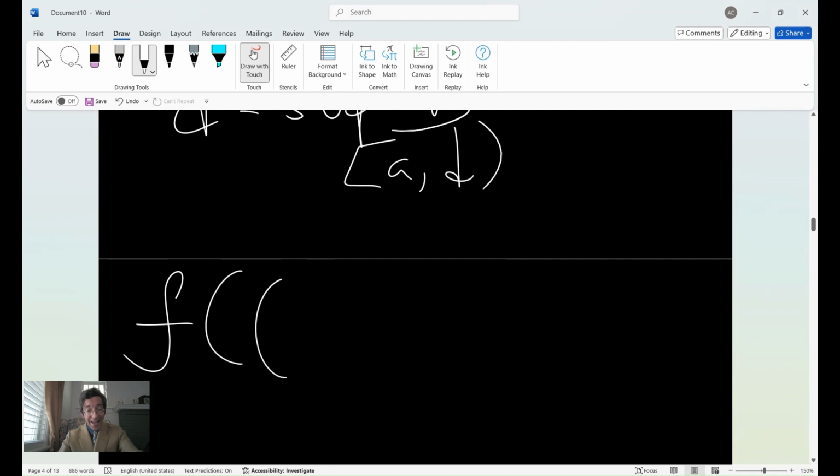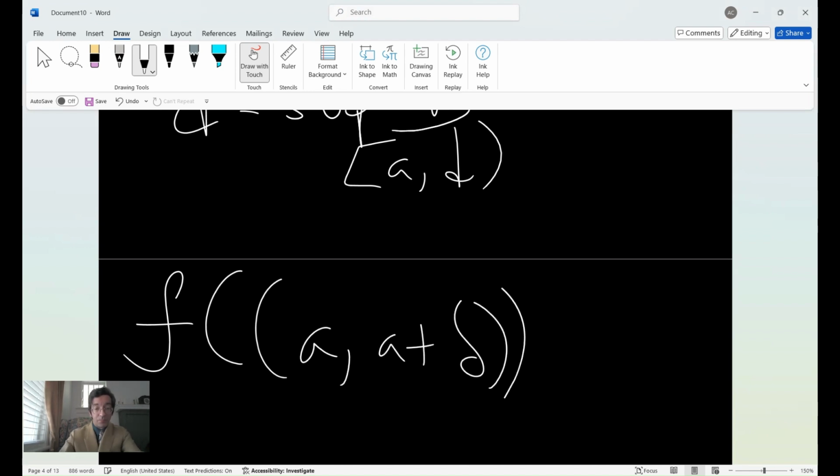We can start with (a, a plus delta), and we're going to say that the image is a subset, of course, of (f of a minus epsilon, f of a plus epsilon).